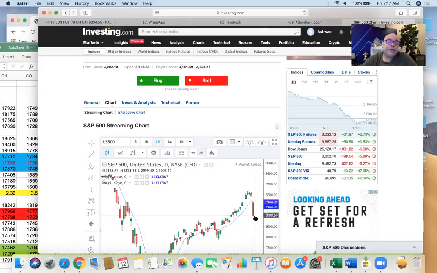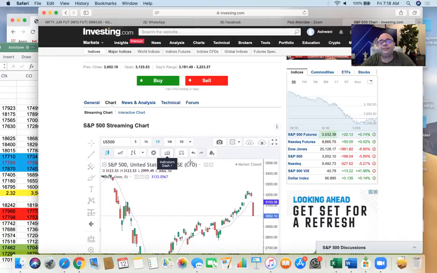So the idea is that this time it is possible that we go towards the 20-day moving average, which is closer, which is also around 3000. So below 3000, what you'll get is more downside. So on the S&P 500, you will now get back above 20 DMA before you get long.